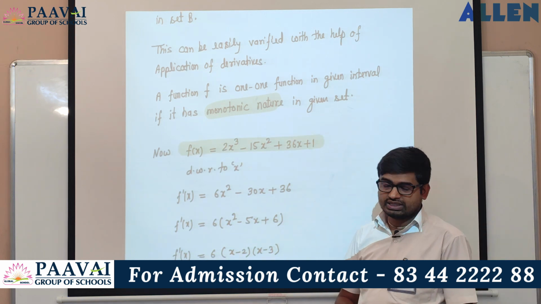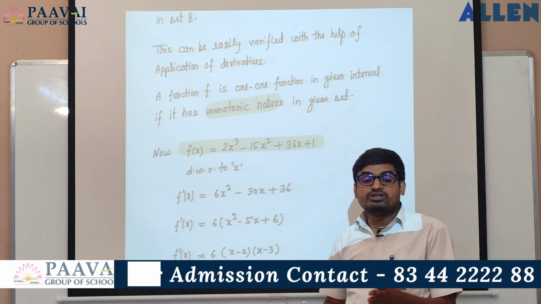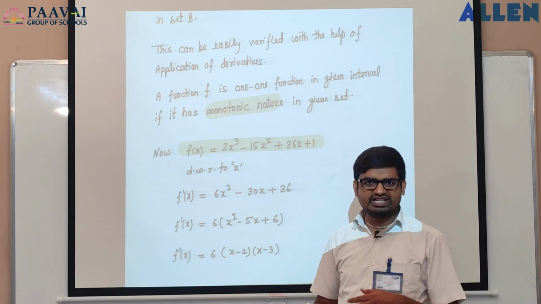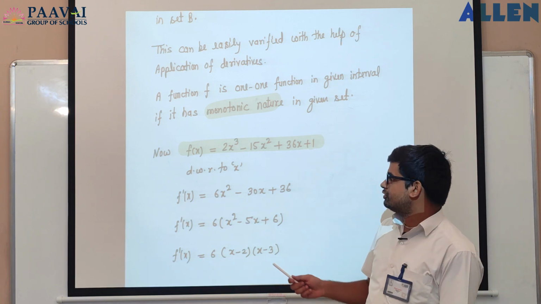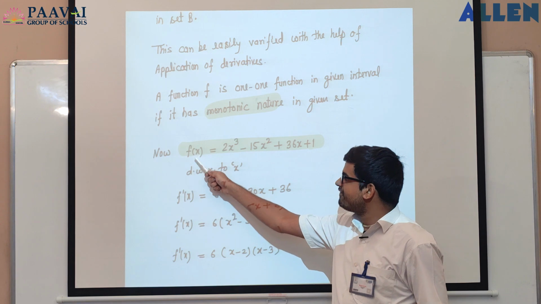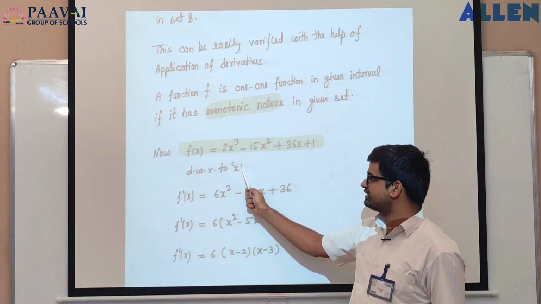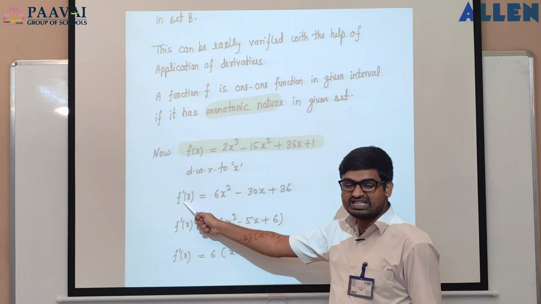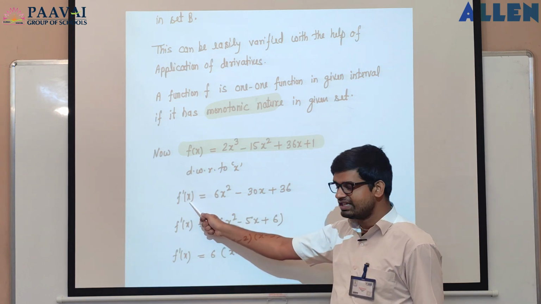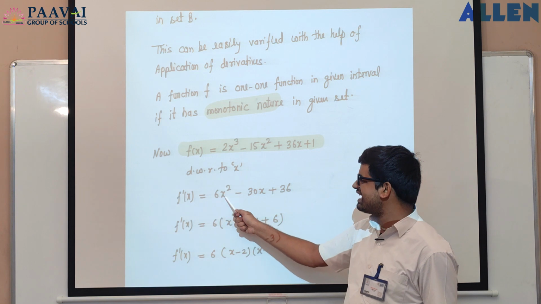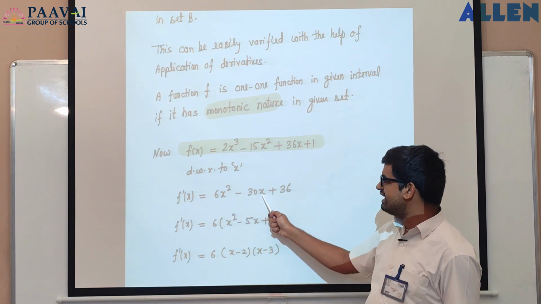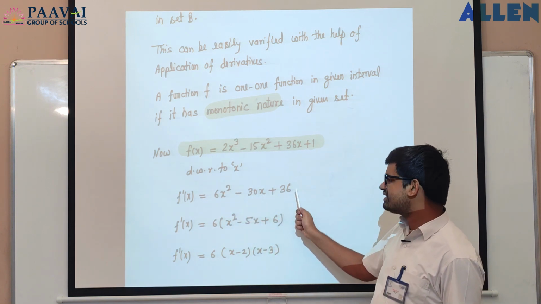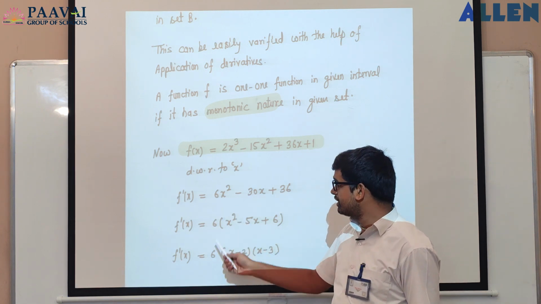Does this function have monotonic nature for the interval 0 to 3 or not? So differentiate f(x) with respect to x. When we differentiate the given function, we get the first derivative f'(x) = 6x² − 30x + 36.